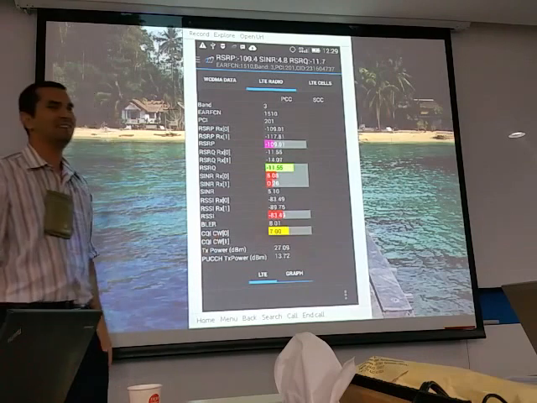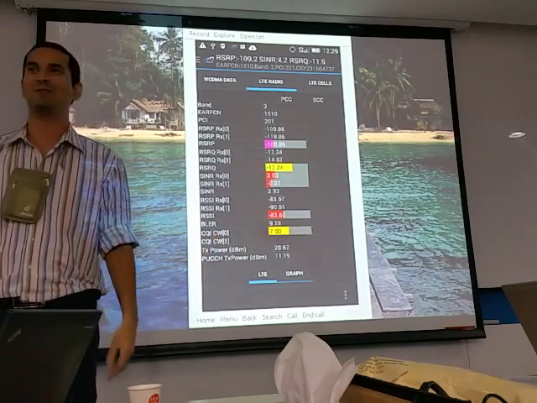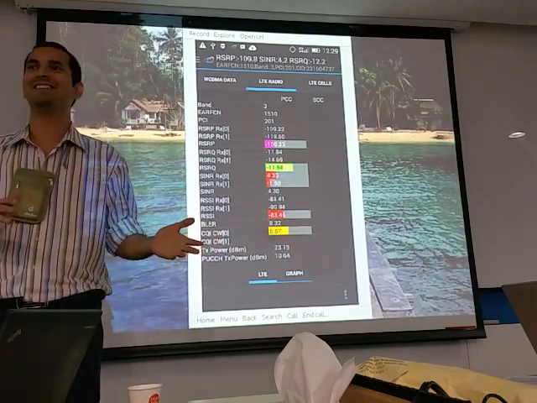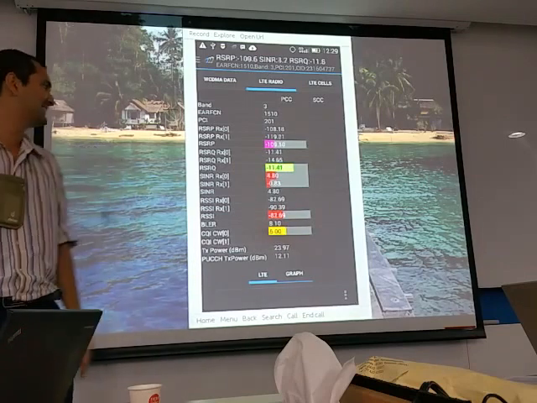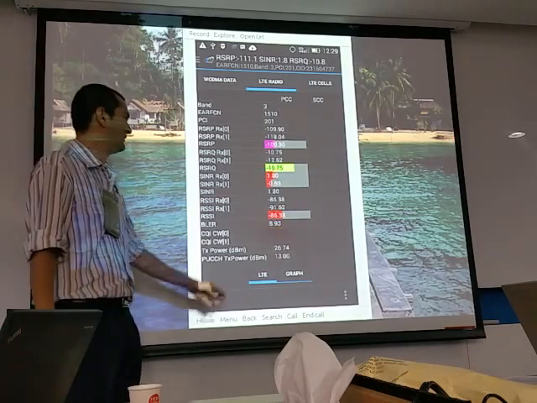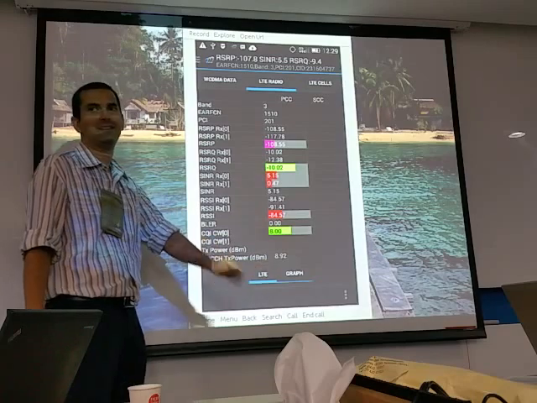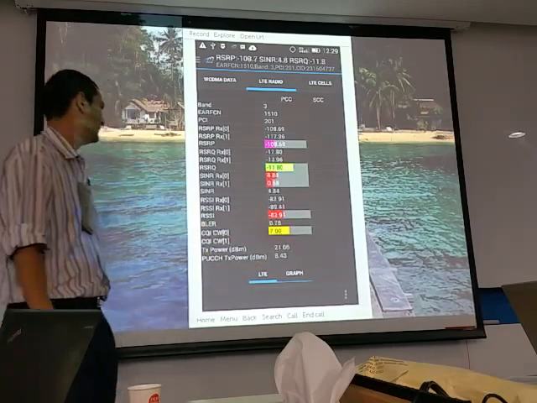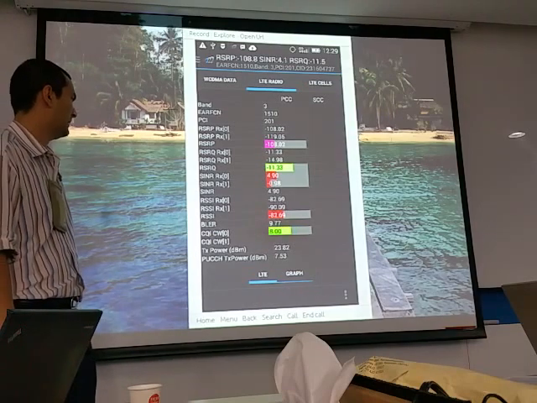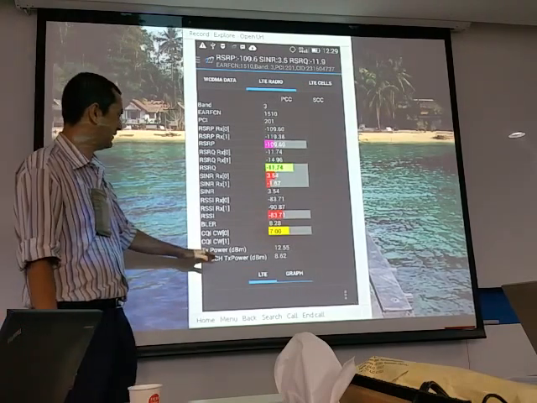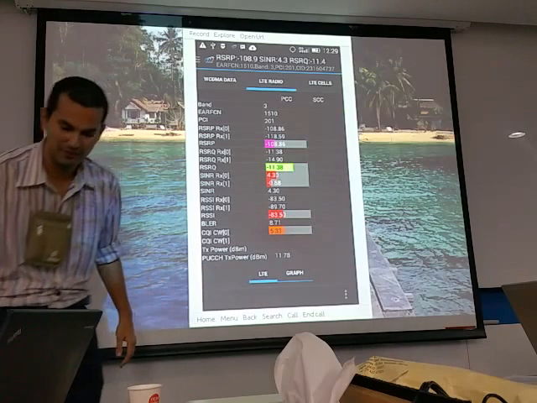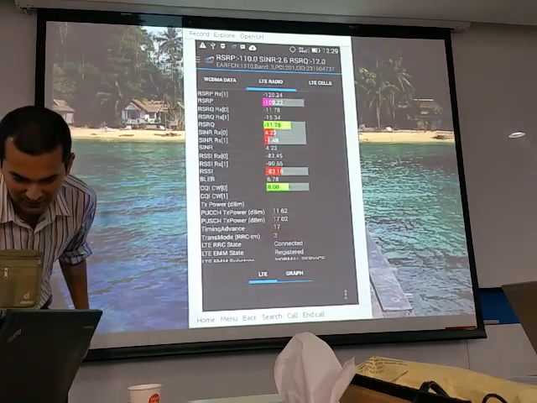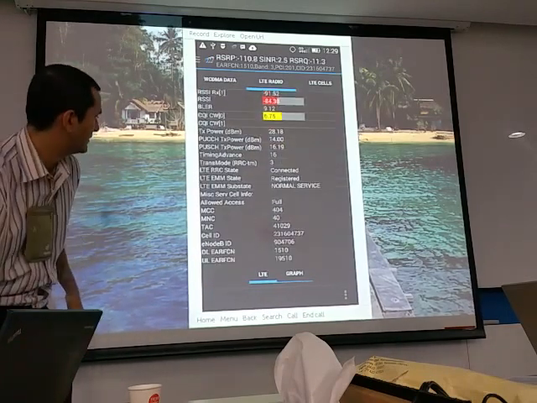But CQI in LTE, the maximum is now 15, not 30. I don't understand why, but that's how it is. So if you have a CQI of 15, it's excellent. Here it is 8, which is moderate. There's also TX power, PUCCH. Let me scroll down. TX power, timing advance. You can see here.